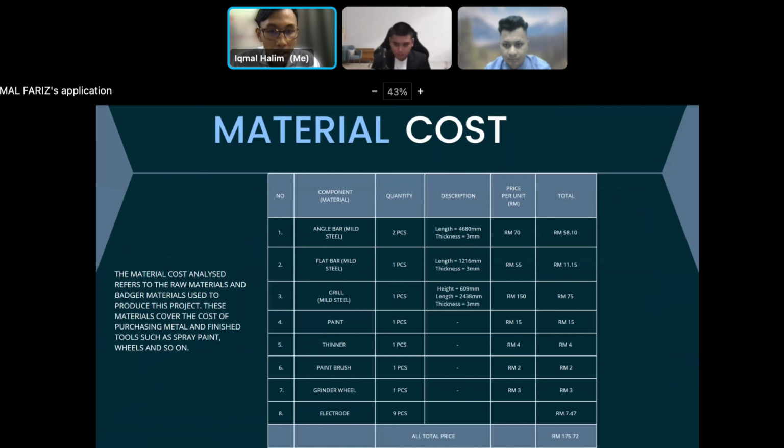The flat bar is 11 ringgit and 15 sen. Grill is 75 ringgit. Paint 15 ringgit. Thinner 4 ringgit. Paint brush 2 ringgit, grinder wheel 3 ringgit, and electrode 7 ringgit and 47 sen. So the total of the components or materials is 175.72 ringgit.